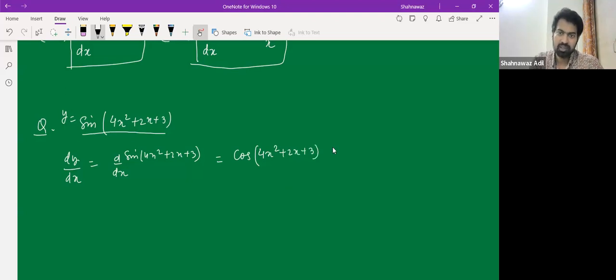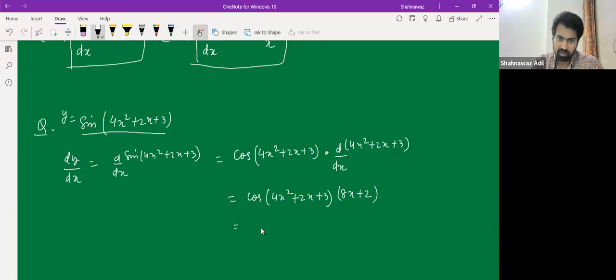And then the differentiation of the inside function, right, guys? So d by dx of 4x square plus 2x plus 3, right? So this would be cos of 4x square plus 2x plus 3, and this is how much? 8x plus 2, right?